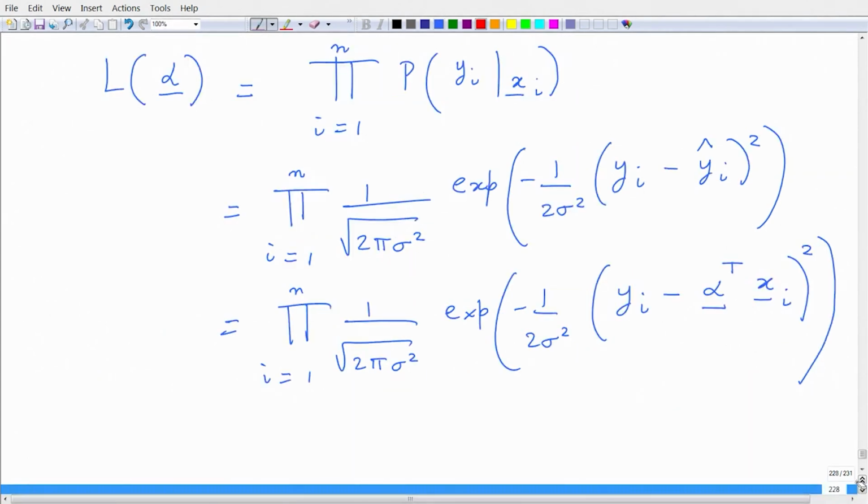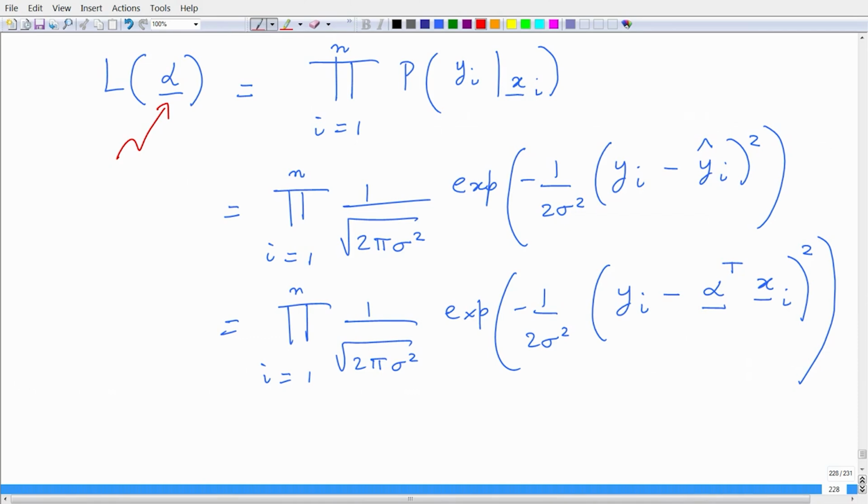Now, let us formulate the likelihood function in terms of the parameter. Our parameter here is alpha that we need to estimate. Assuming they are IID, I can take the product, i going from 1 to n, of the probability of this observation yi given xi.